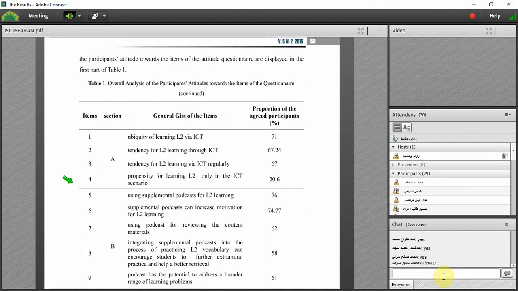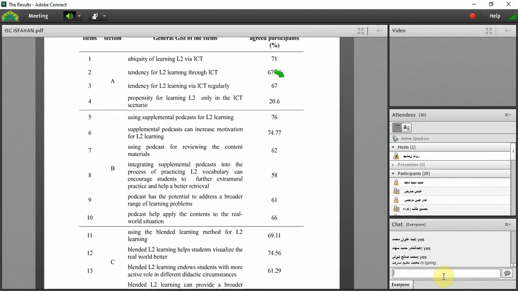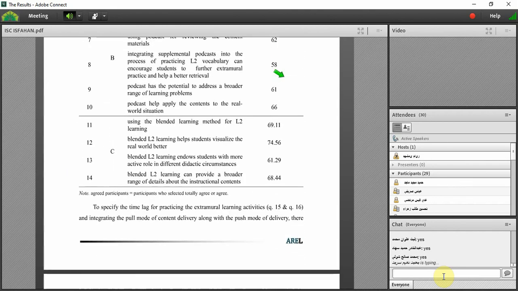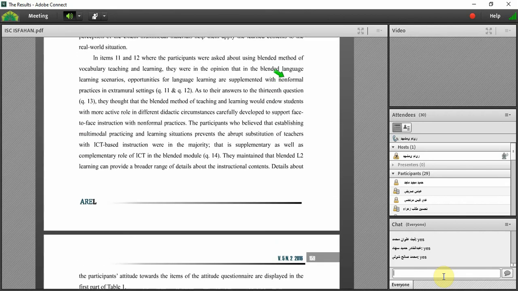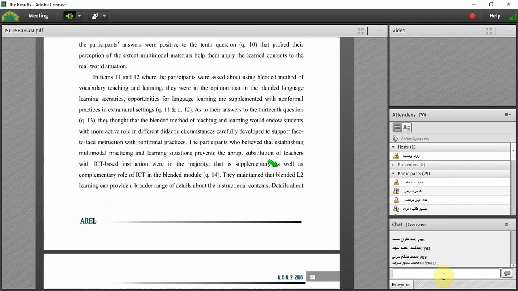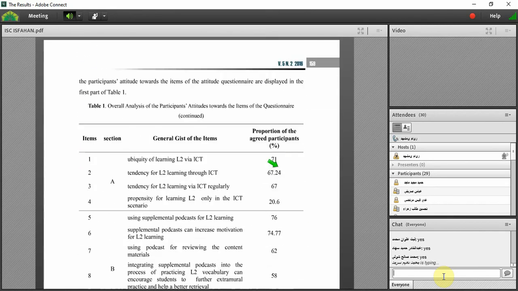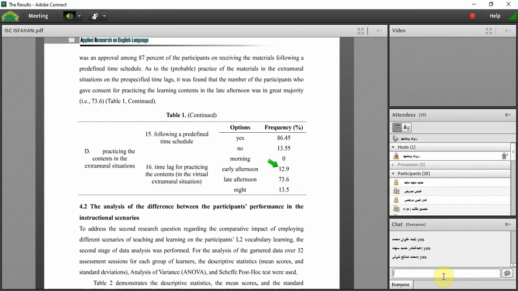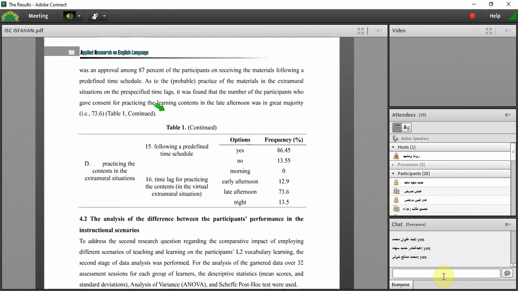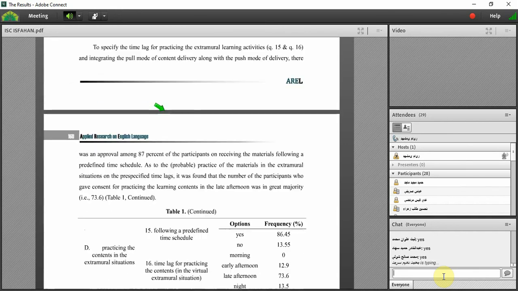Here we have all data from the questionnaires. Okay, so here you will tell the readers about the data. See the data in table 1. We have more examples here. Okay, this is the rest of table 1. Okay, see, let me show you.